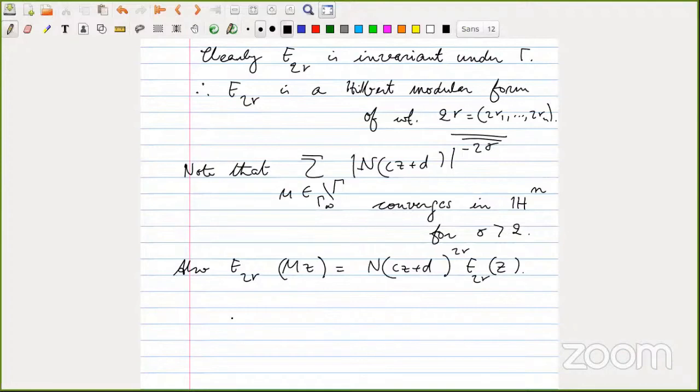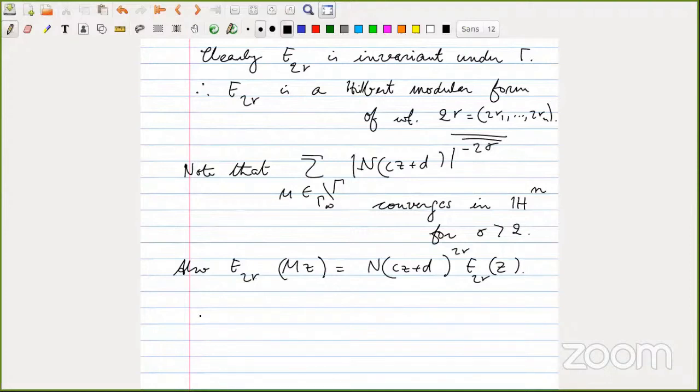Okay, this is holomorphic. One thing is: what is the value at infinity of this E_r? Let's calculate that.